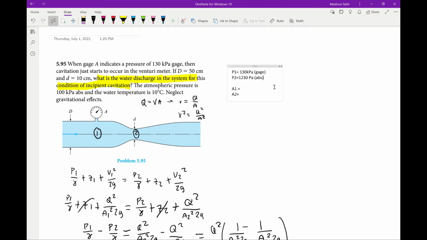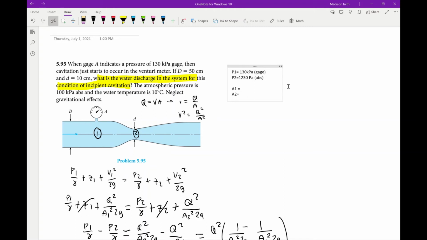Okay, side note, newtons over meter squared just equals pascals. One other important thing to note is that that chart gave us pressure in absolute, not gauge. In order to use these pressures in the Bernoulli equation together, they both either have to be in absolute or gauge. So it will be easier to convert the pressure 1 gauge into absolute, because that's just the pressure gauge plus the atmospheric pressure.